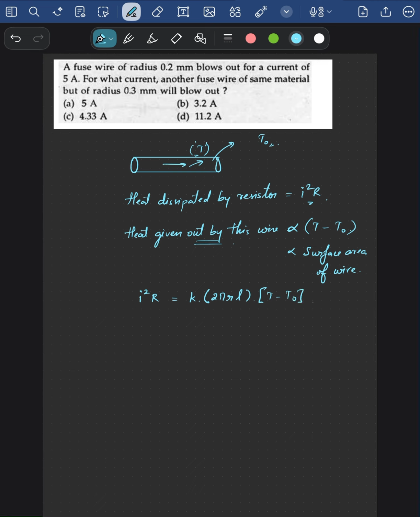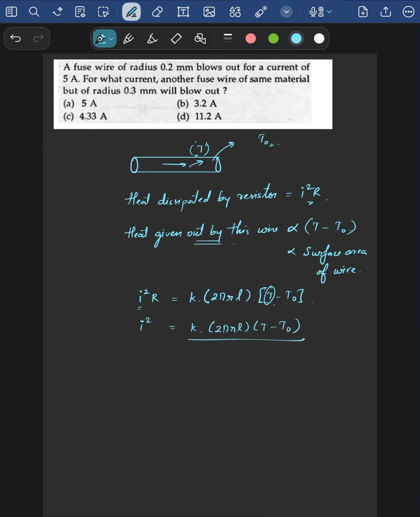So this wire blows out because the temperature T it has attained is equal to the melting point of the wire. When it reaches this temperature T, the wire blows out. From this we can get a relation for the current required to blow out a wire. Taking R to the other side, I squared is equal to K into 2 pi R L into T minus T naught divided by the resistance of the wire.